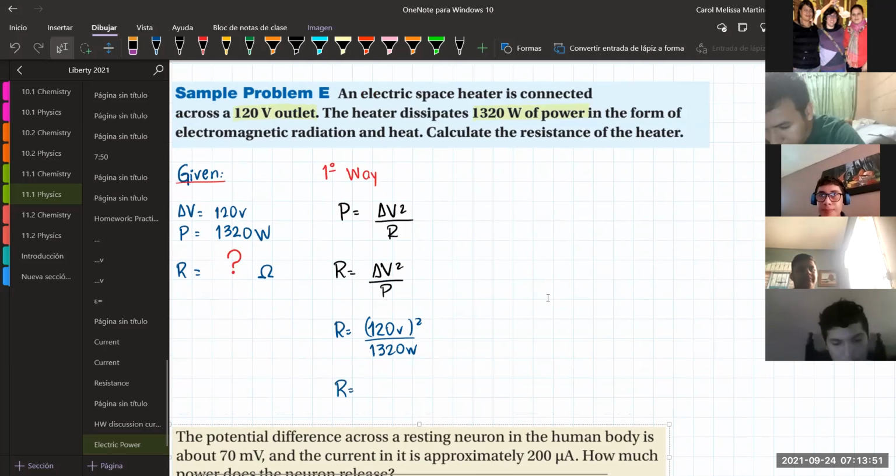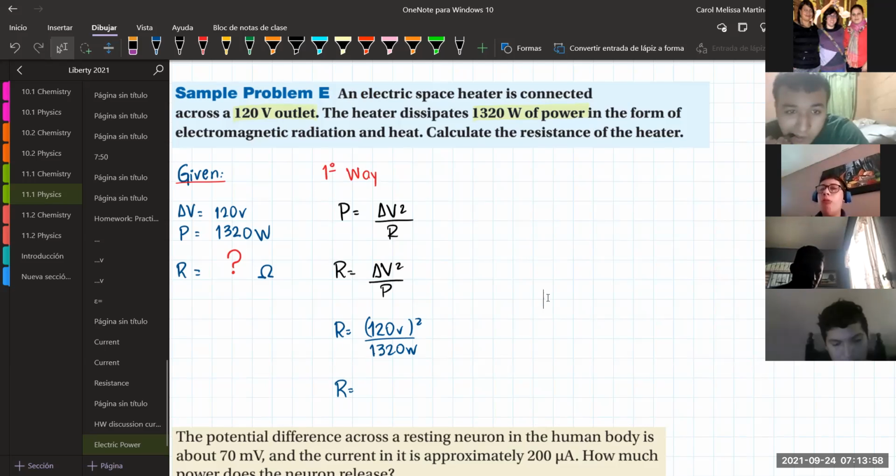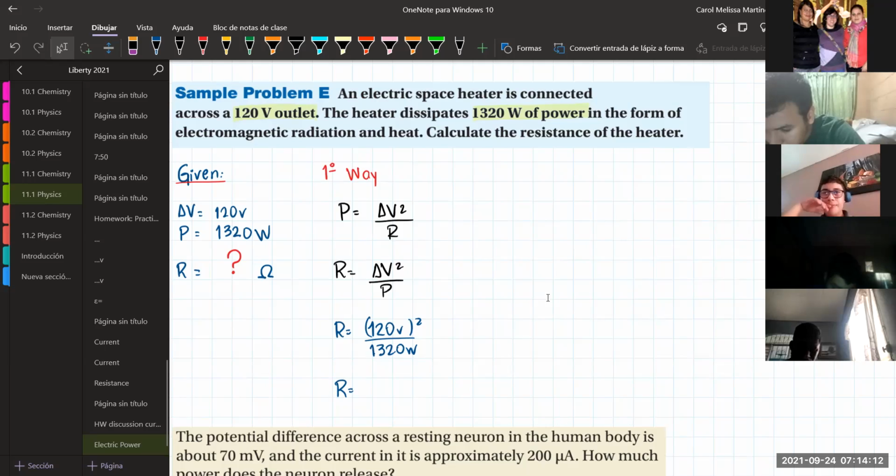How much is this? 10.9. 10.91 rounded. Remember, we measure resistance in ohms, so that will be the final answer.